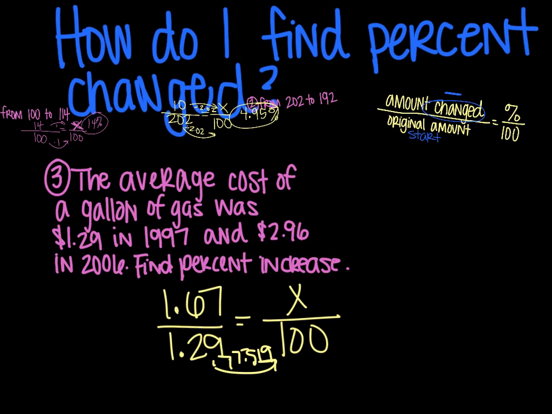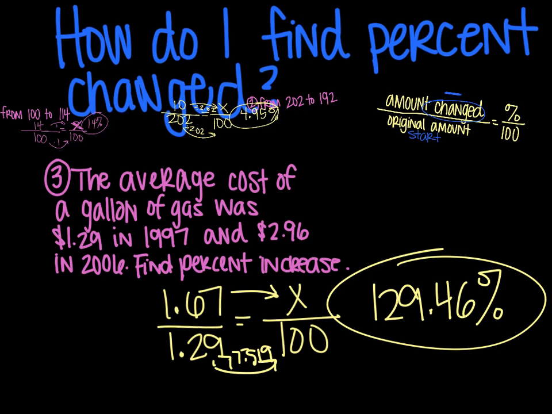So I have to do the same thing, 1.67 times that 77.519, and that will give me an answer. 1.67 times 77.519 equals x is 129.46 if you round. So find the percent increase. Well, we said that it had to be more than 100%, and it was. So we know that we did it right, 129%.